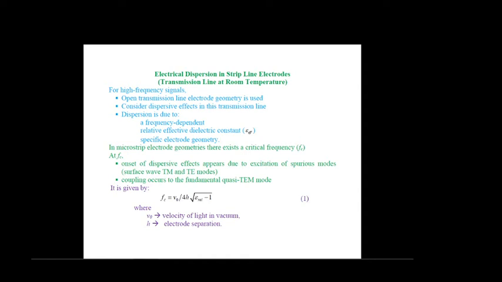The critical frequency at which coupling occurs due to the fundamental quasi-TM mode is given by Fc equal to V naught by 4h times the square root of the relative effective dielectric constant minus 1. Here V naught is the velocity of light in vacuum and h is the electrode separation.